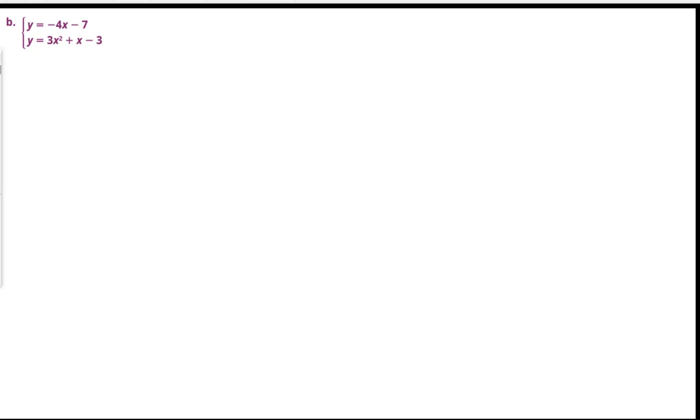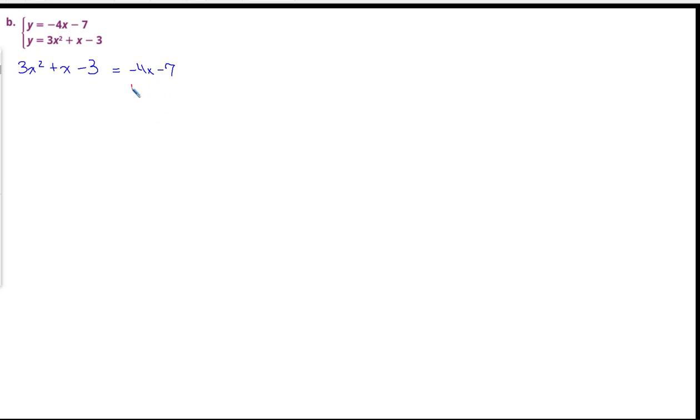So let's now work the B one. Again, we have y equals on both of them, so that means we can set them equal to each other. So 3x squared plus x minus 3 is equal to negative 4x minus 7.